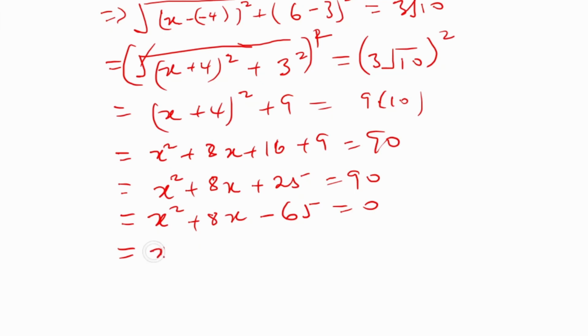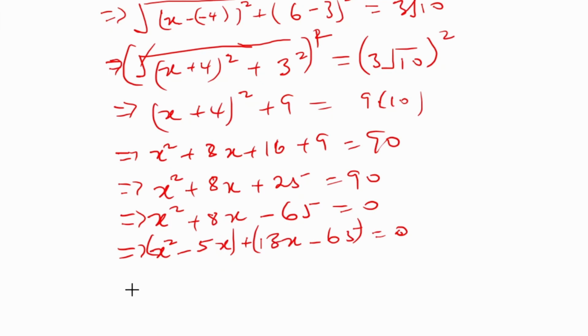So this will give us x squared minus 5x plus 13x minus 65 equals 0. Just make it 4 terms so that we can group them in pairs. Remember, negative 5x plus 13x will give us our positive 8x back, so we have not changed the question.